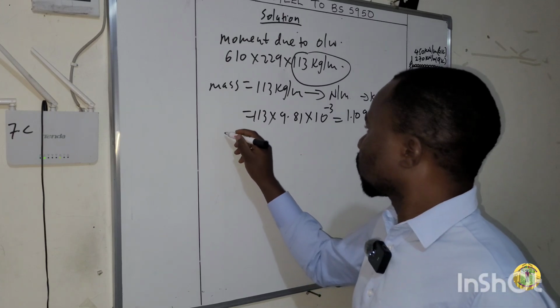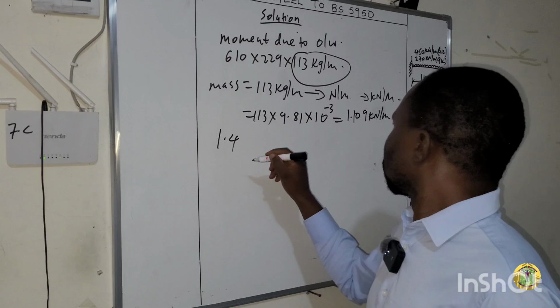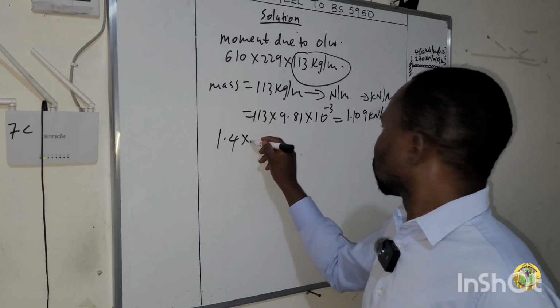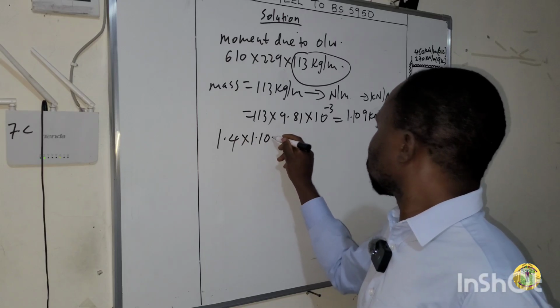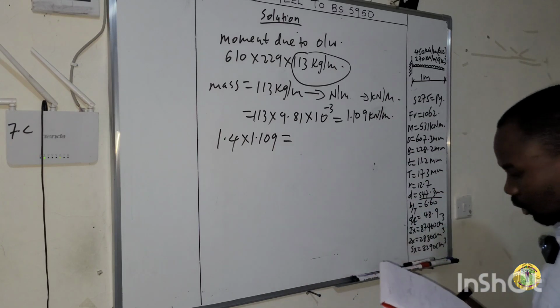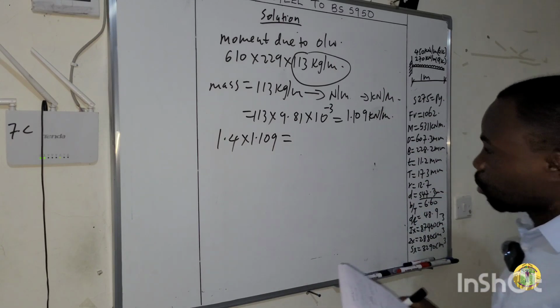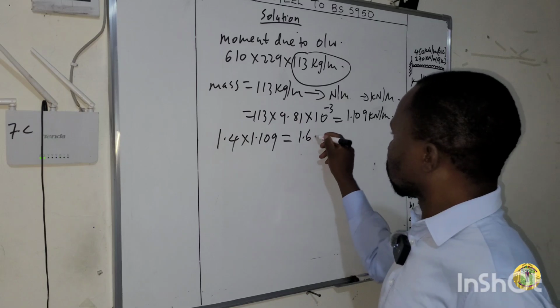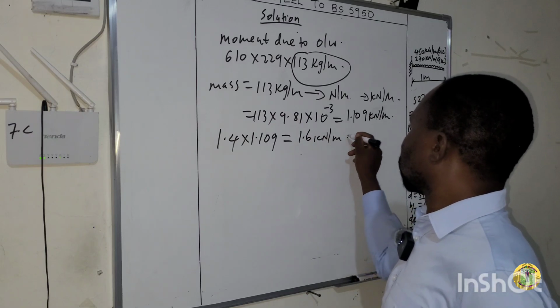So we will have to factor in 1.4 times 1.109. So this one will give us 1.6 kilonewton per meter.